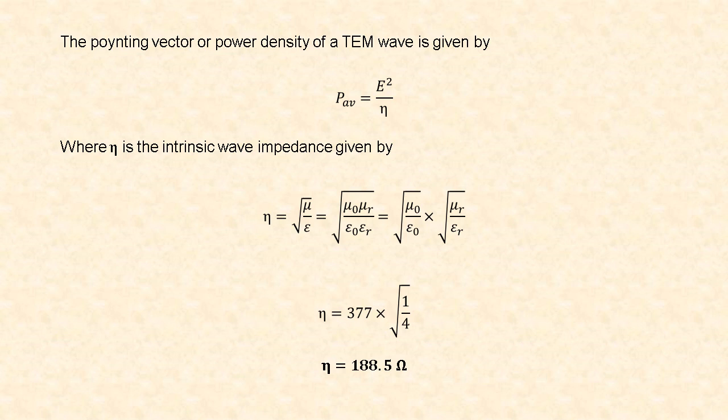They have given the relative permittivity value as 4. So substituting for that, we have eta, that is the intrinsic wave impedance, as 188.5 ohms.